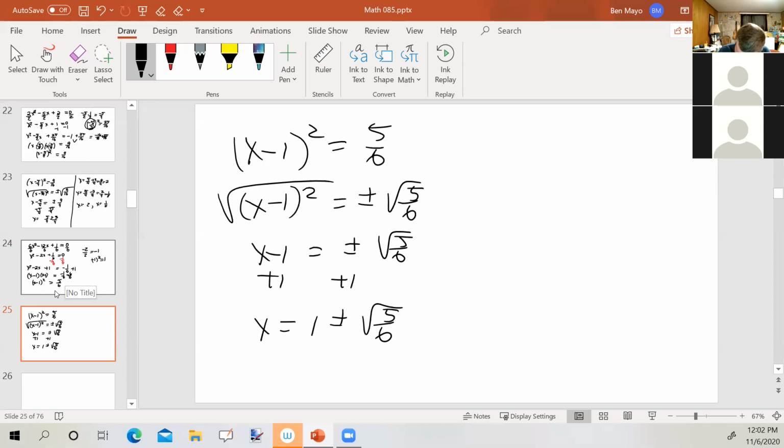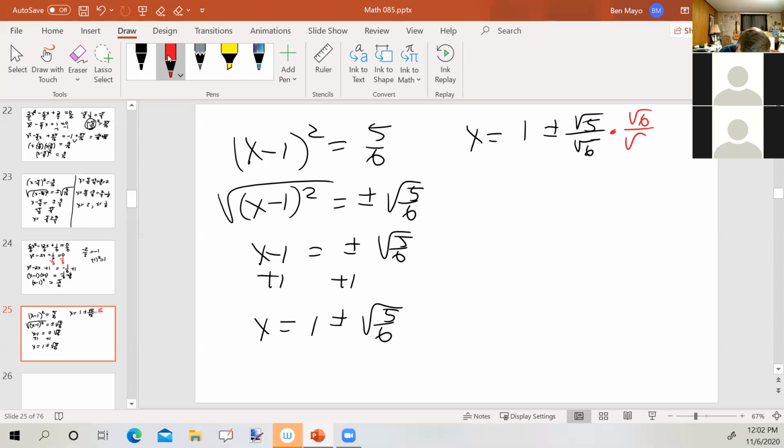So that's the same thing as x equals 1 plus or minus the square root of 5 over the square root of 6, right? We're going to rationalize the denominator. So we're going to get x equals 1 plus or minus the square root of 30 over 6.